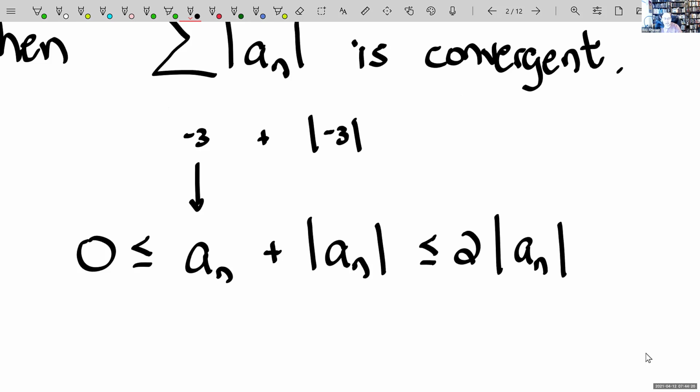That's definitely between 0 and twice the absolute value of -3, which is 6. On the other hand, if your term was positive 3, well, 3 plus the absolute value of 3 is 6, and that's less than or equal to twice the absolute value of 3, or 6. So this inequality should be okay. You should be all right with that statement.